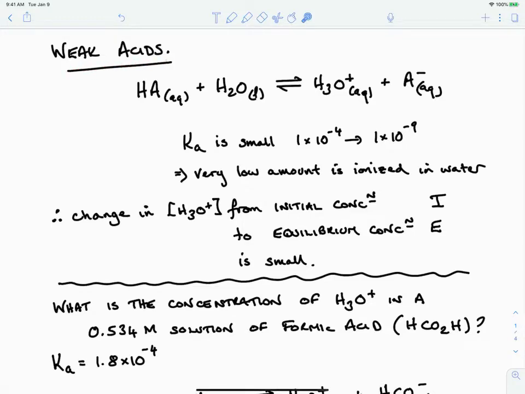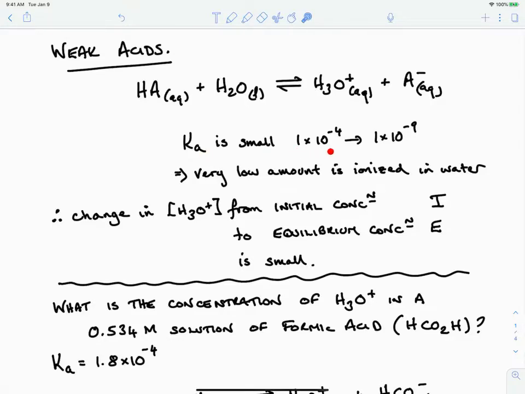When we're talking about weak acids, by definition they ionize to a very small amount in water. So when we have a weak acid, we add it to water, the equilibrium with hydronium ion and this conjugate base, we know that Ka is very small, meaning that the amount of products divided by the reactant is very small.